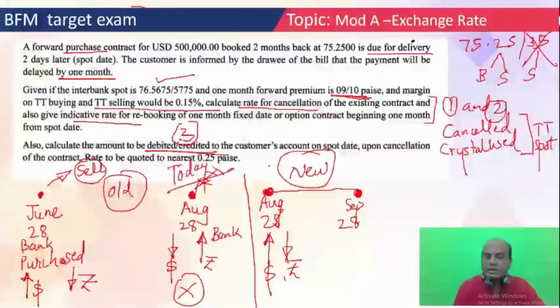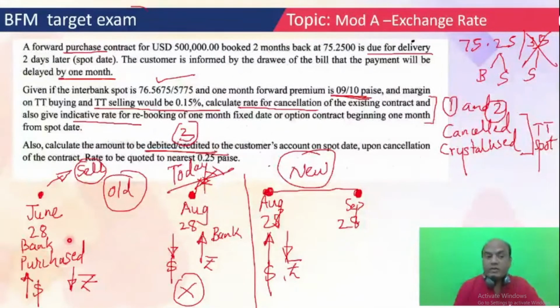That sabji wala is having dollars. Now bank has purchased the dollars from that sabji wala, means vegetables from that sabji wala. The vegetable over here is dollar. Commodity. So bank has purchased this commodity.